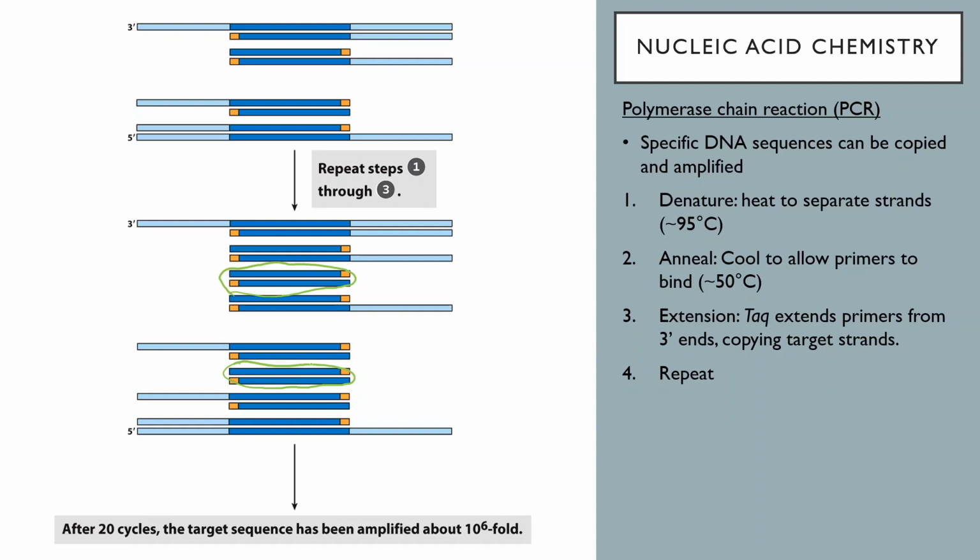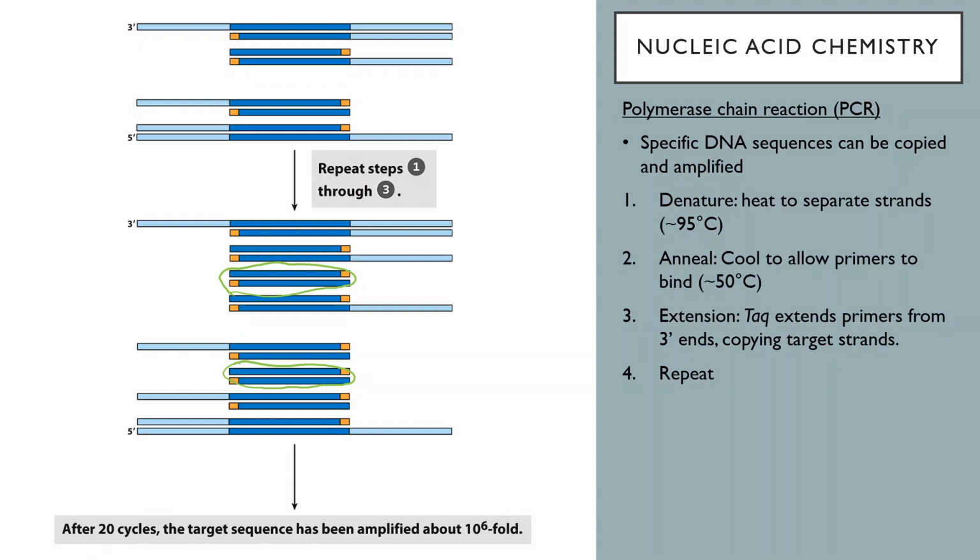Each cycle takes about 10 minutes or so, and you do this like 20 times. And after 2 or 3 hours, you have many copies of your original target sequence. So it doubles every time, and you can amplify your target sequence at least 1 million times.